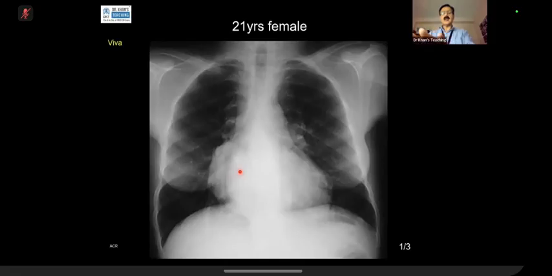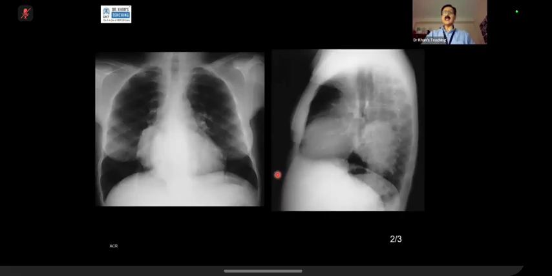But in the exam, if you don't pick this finding up, you are looking at a paravertebral mass. So they can still show you a lateral chest X-ray. Please remember this, that in the exam, they can still show you a lateral chest X-ray.